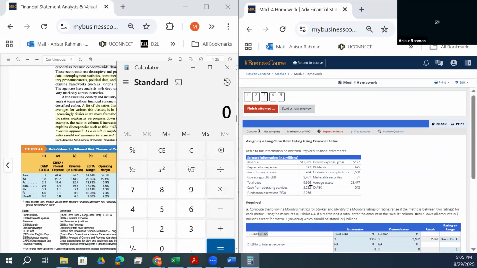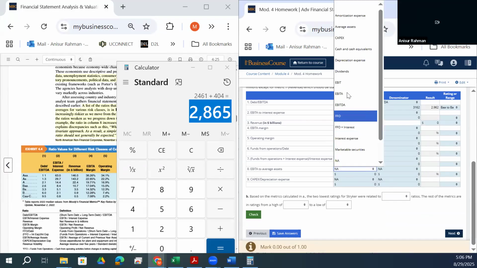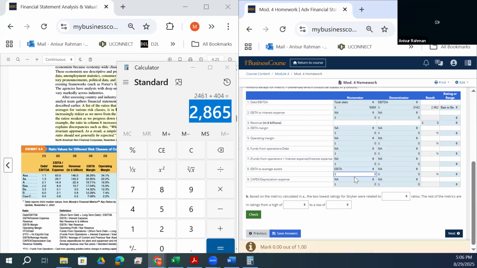So 2,461 plus 404. So 2,865. So this is our EBITDA, 2,865.